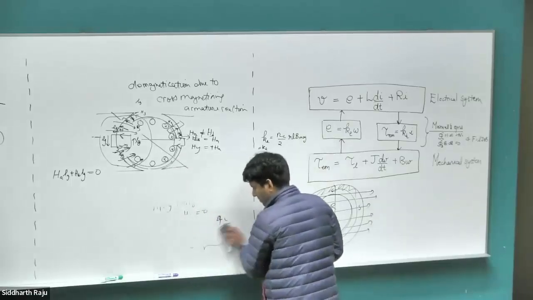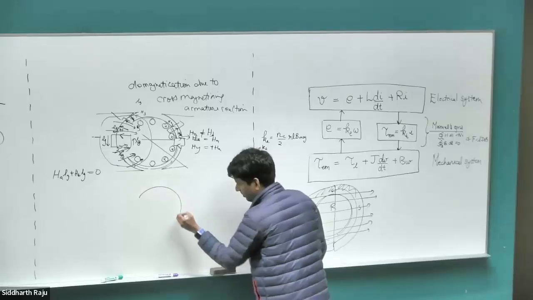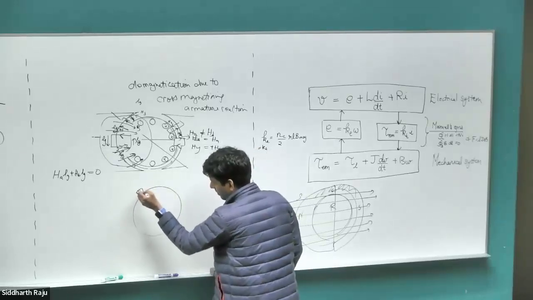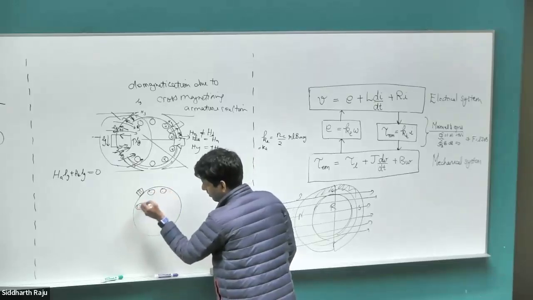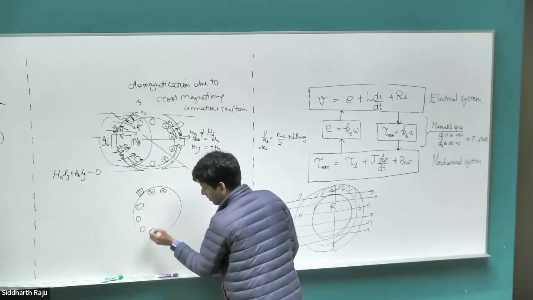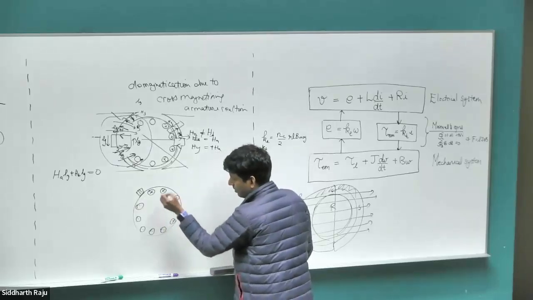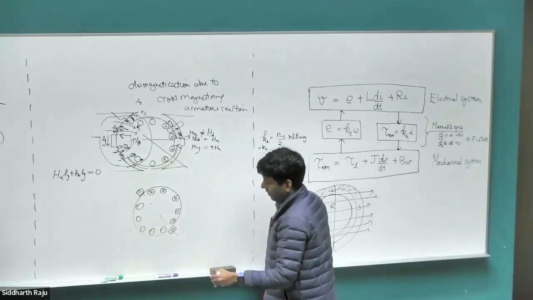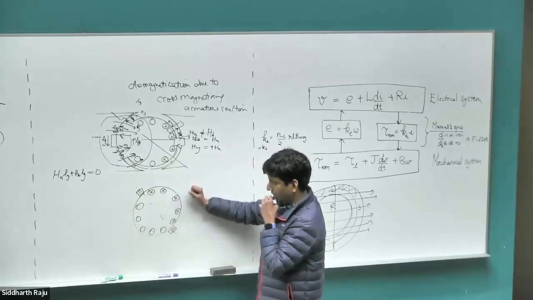So now let's look at what happens due to the shifting of the brushes. So let's say I put my brush here now. Conductors on the left of the brush have current in one direction, conductors on the right of the brush have current in the other direction.